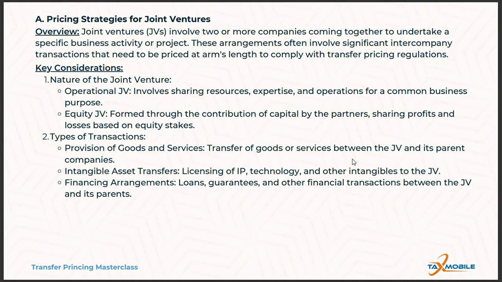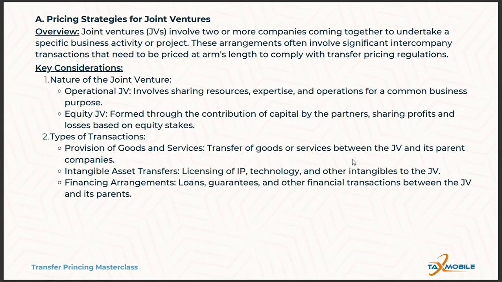Now, joint ventures often lead to a range of intercompany transactions, such as the provision of goods and services between the JV and its parent companies, intangible asset transfers, such as licensing intellectual property or technology, then financing arrangements, including loans, guarantees, and other financial support.